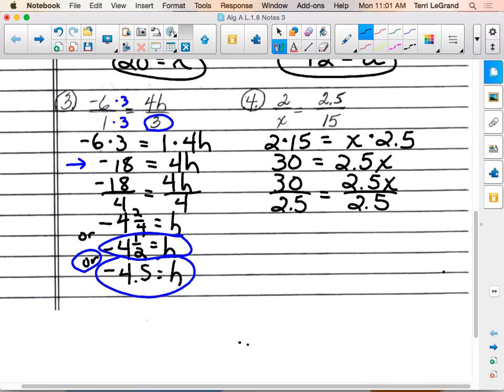3. Okay, so maybe we could just figure out how many $2.50 there are in one $10 bill. There's 4 $2.50 in $10. Seth, can you convince them why? Okay, there's 2 $2.50 you can take out of a $5 bill.